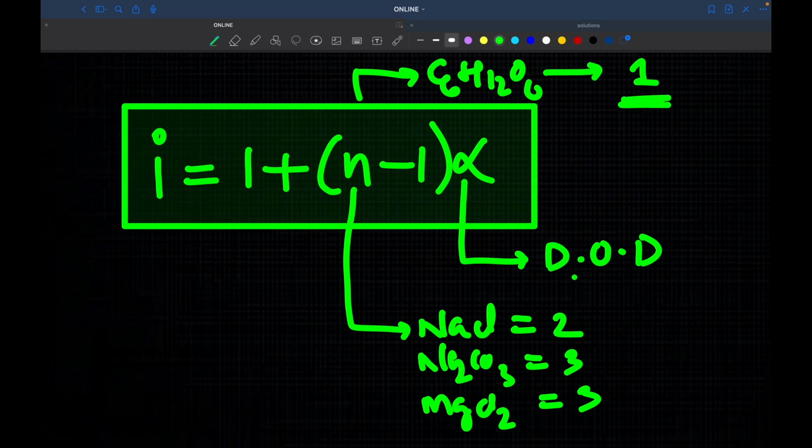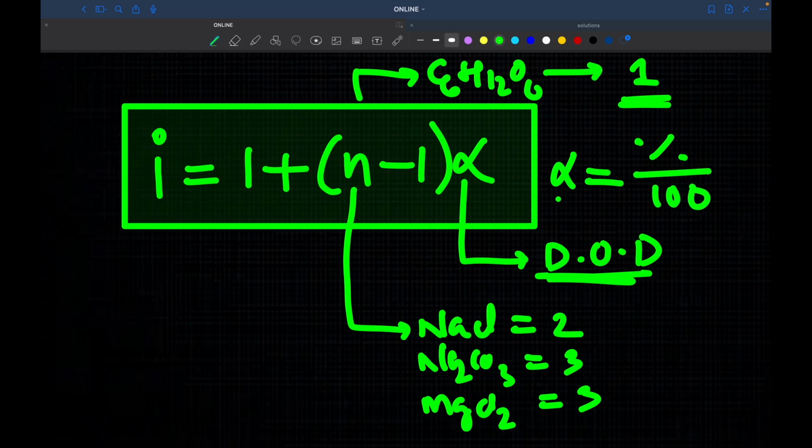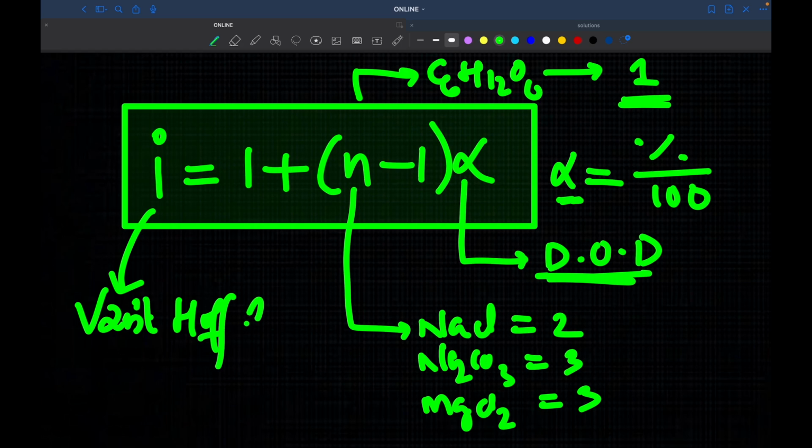Degree of dissociation will be given in the question. When it is given as a percentage, you divide it by 100 to get alpha. And I is the van't Hoff factor. So this is how you have to use this formula.